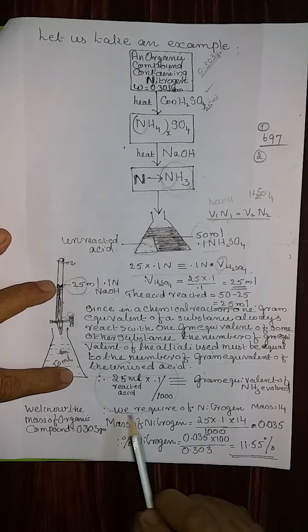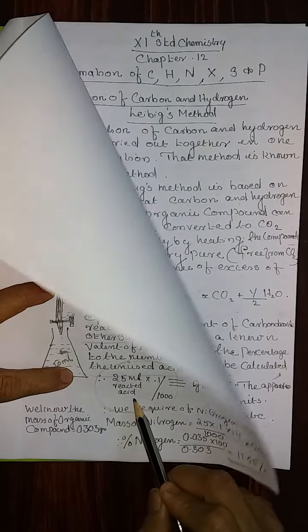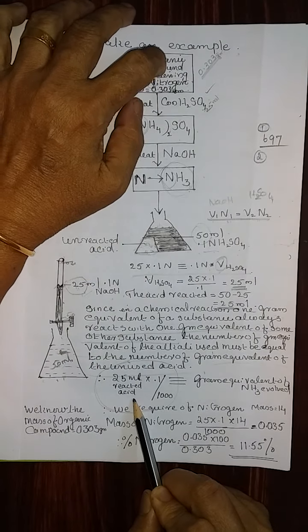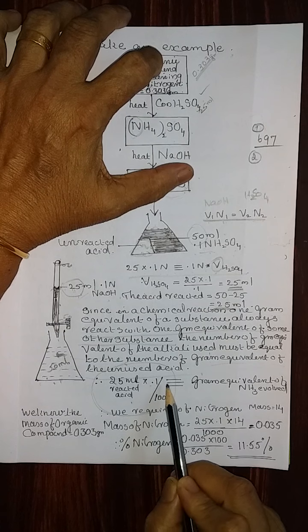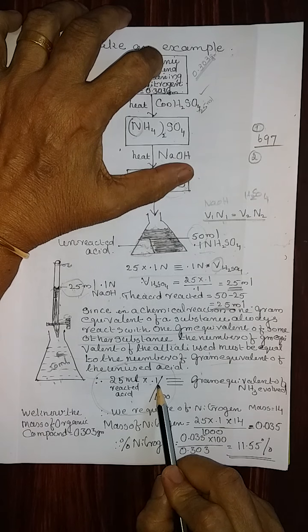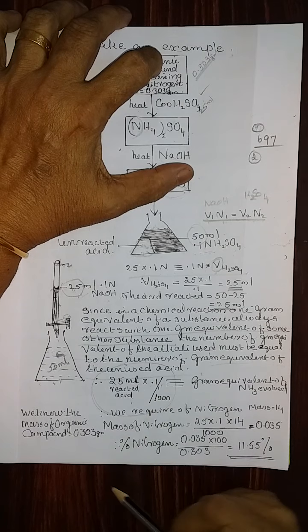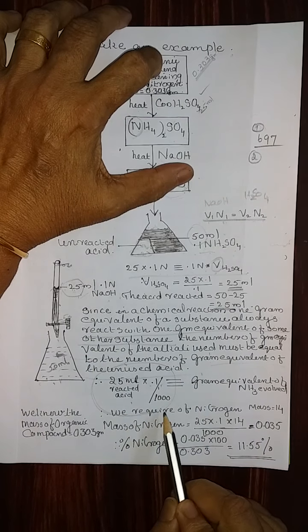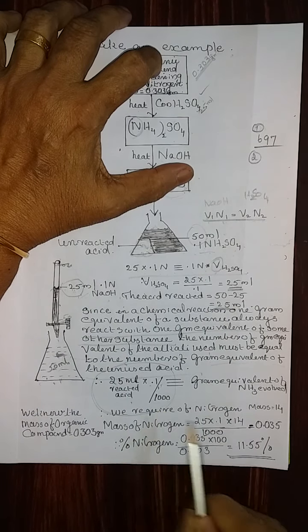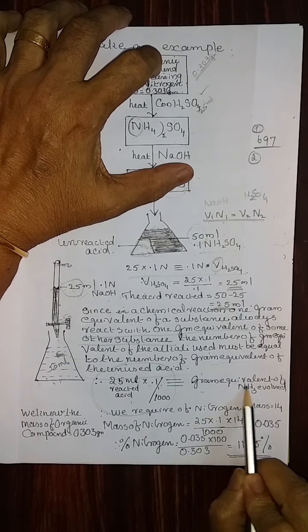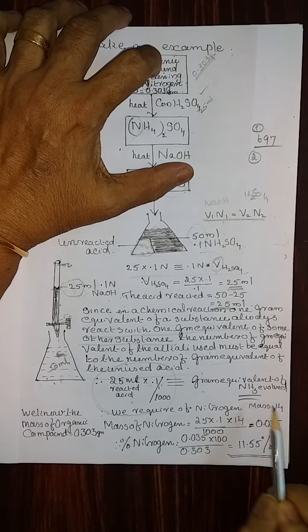The sulfuric acid, 25 ml, is reacted with 0.1 normal sodium hydroxide. That means gram equivalent per liter, which is equivalent to the gram equivalent of ammonia evolved.